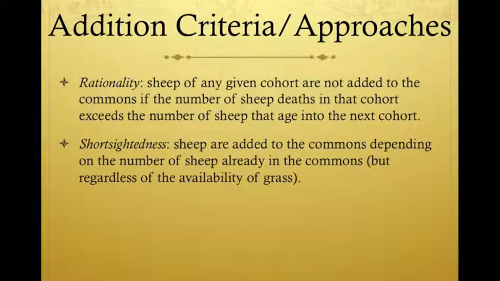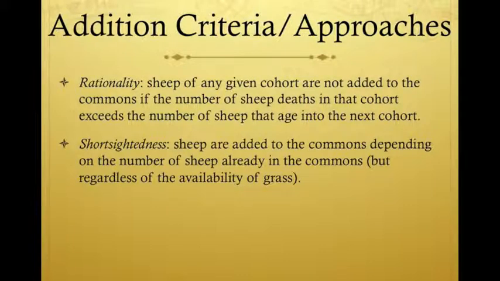The next strategy is a strategy of short-sightedness, which basically means that sheep are added to the commons depending on the number of sheep already in the commons, but regardless of the availability of grass. This is why it's called short-sightedness: imagine that the villagers look at the commons and say, well, there's plenty of sheep there, so they look like they're doing okay.